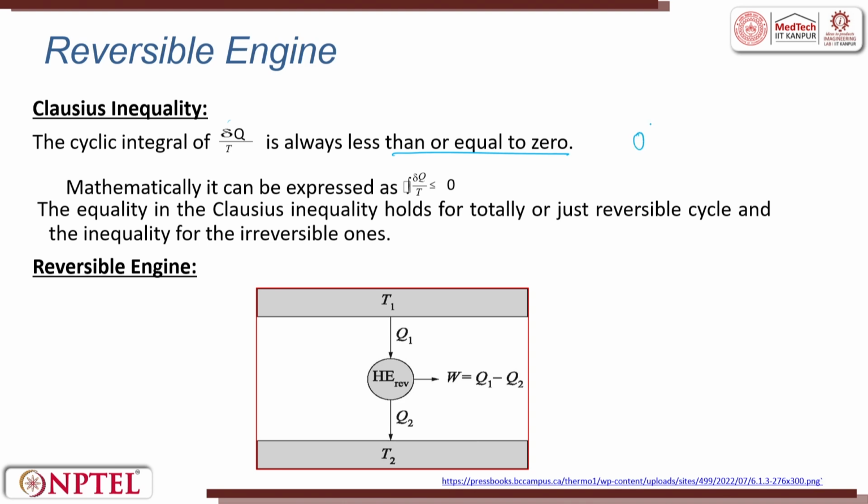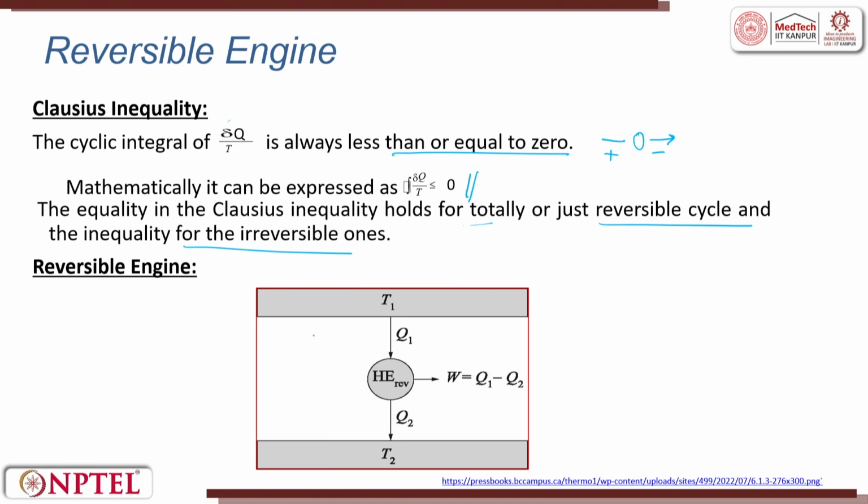Mathematically it can be represented as the cyclic integral of delta Q by T is less than or equal to 0. The equality in Clausius inequality holds for totally reversible cycles and the inequality for the irreversible cycles.